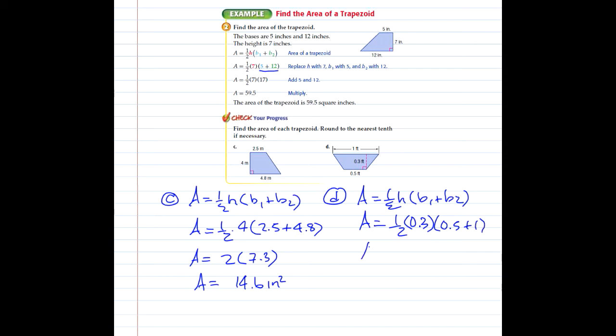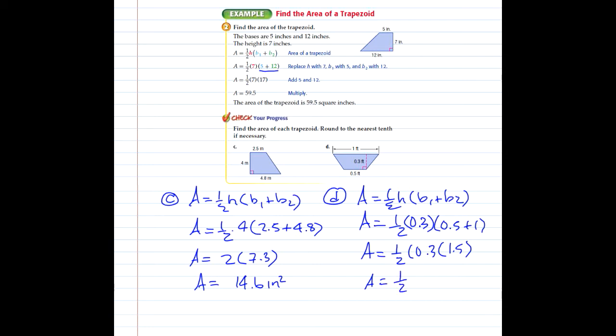So my area equals 1/2 of 0.3 times 1.5. Now I'm going to use my commutative property and multiply my two decimals together first.